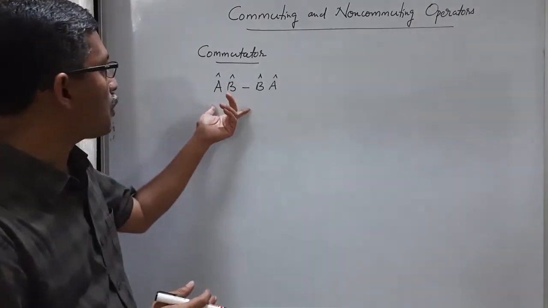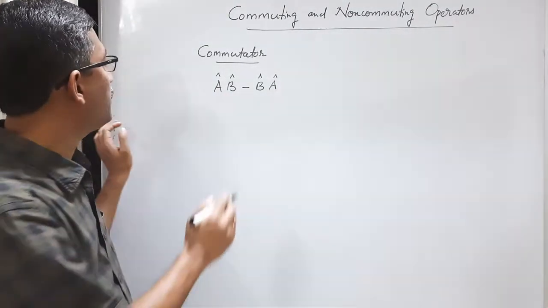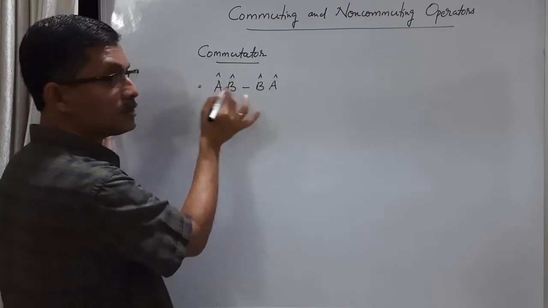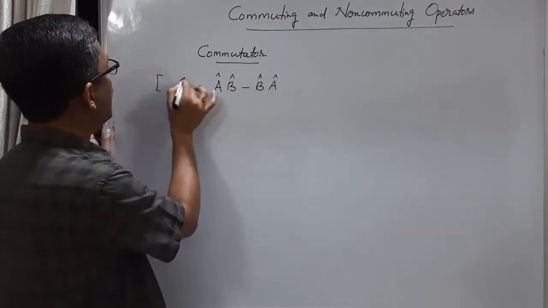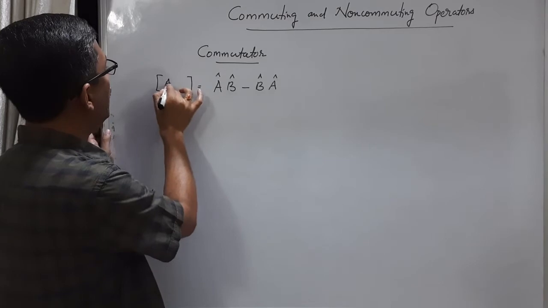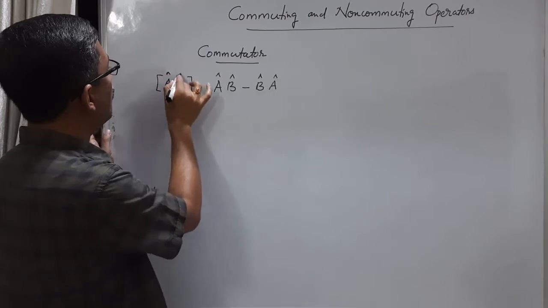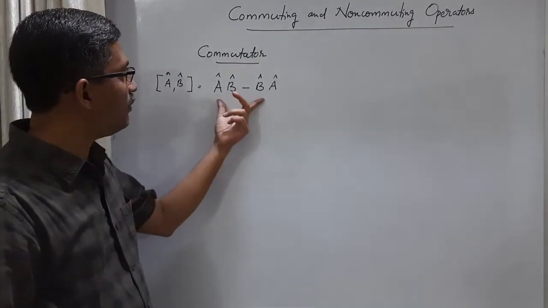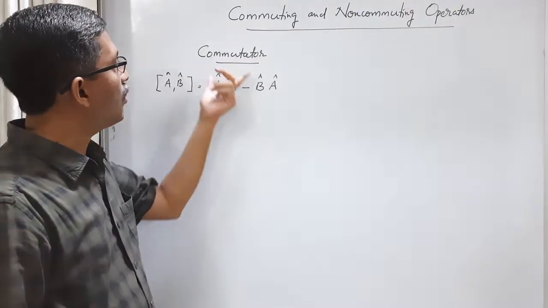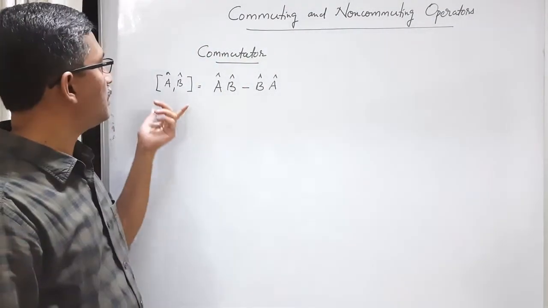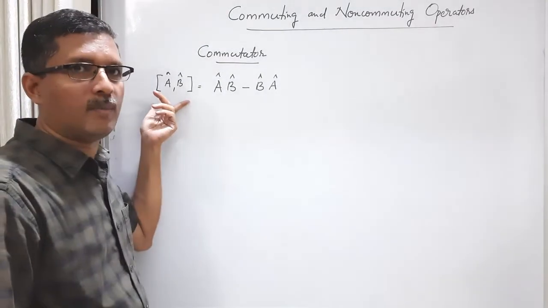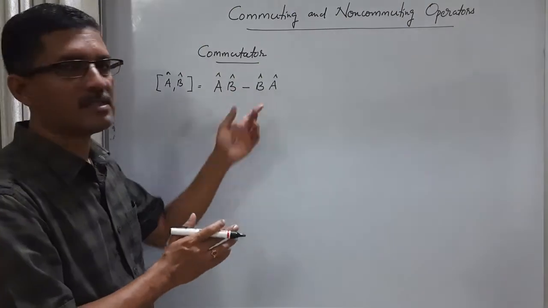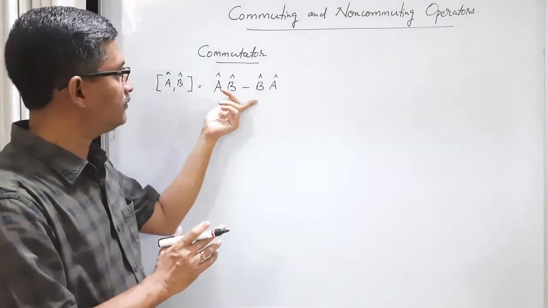We give a shorthand notation for this AB minus BA. It is defined with this notation, square bracket, operator A, comma, operator B. This quantity AB minus BA is called the commutator, and this is the shorthand notation for the commutator. Square bracket A comma B means AB minus BA. This is called a commutator, this or this.